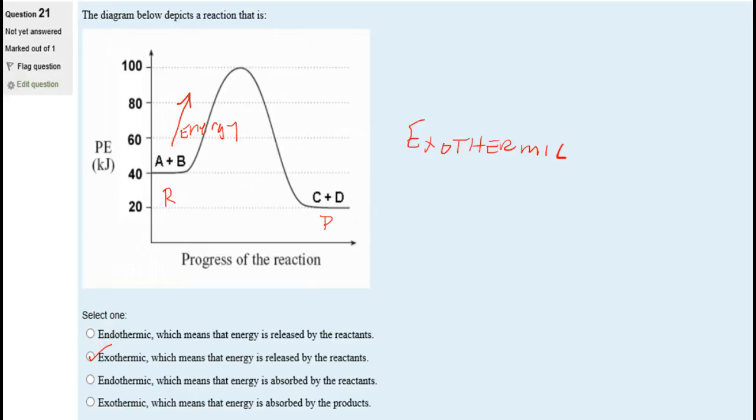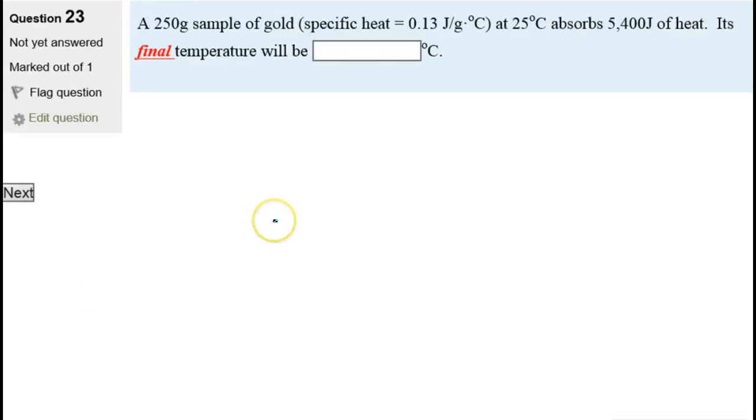Let's take a look at the last problem. In this problem, you have a 250 gram sample of gold. It has a mass of 250 grams and is currently at 25 degrees Celsius.